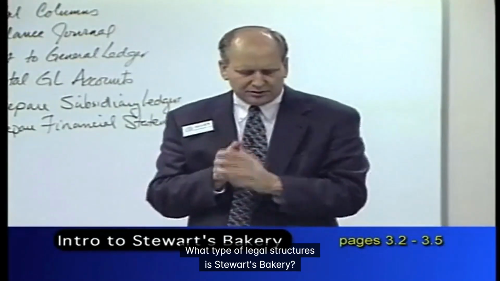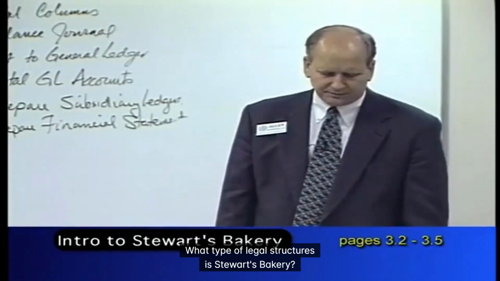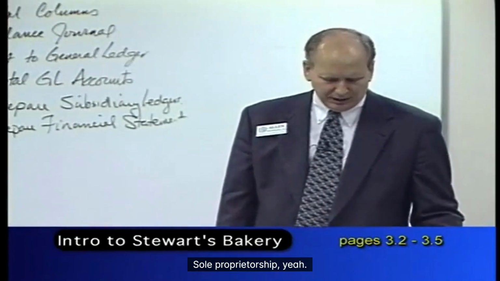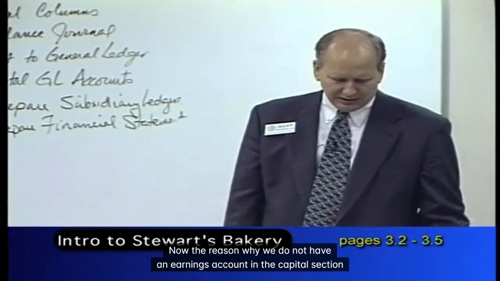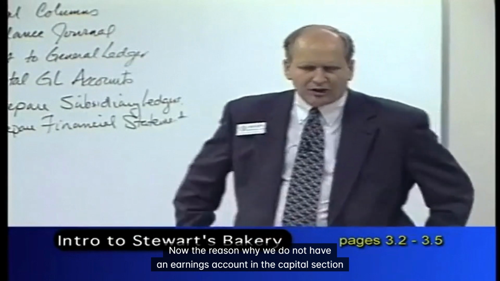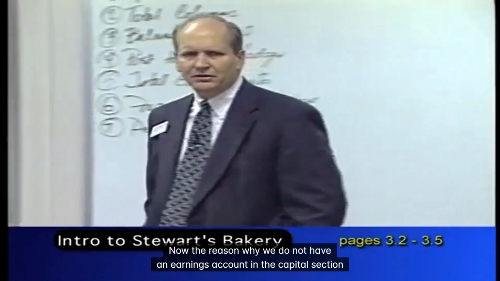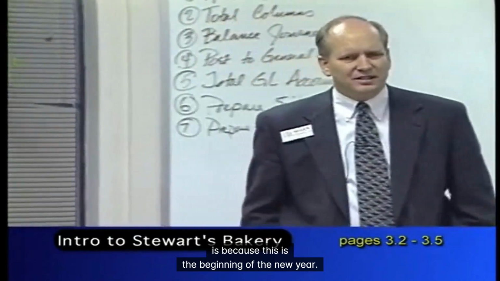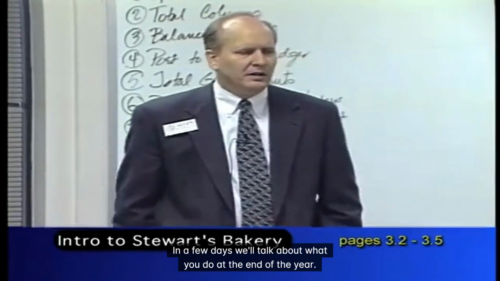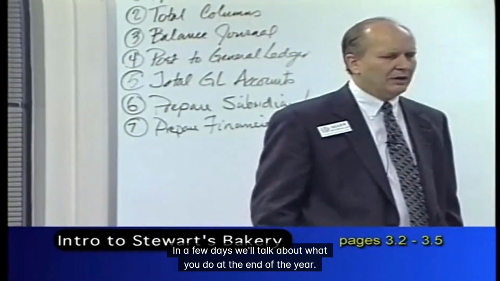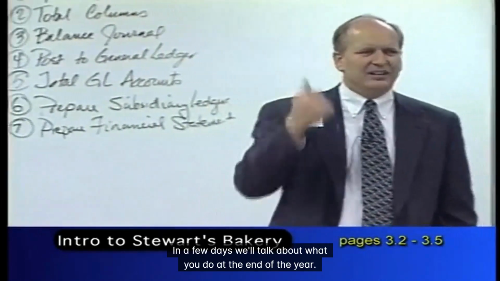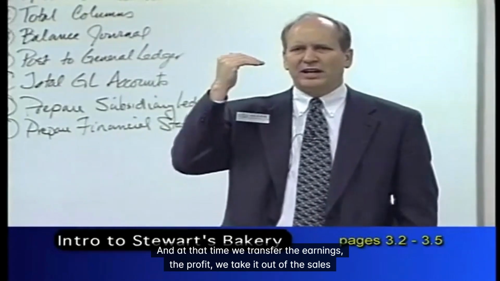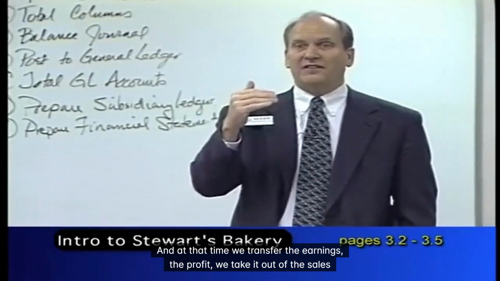What type of legal structure is Stewarts Bakery? Sole proprietorship. Yeah. Now, the reason why we do not have an earnings account in the capital section is because this is the beginning of the new year. In a few days, we'll talk about what you do at the end of the year. And at that time, we transfer the earnings, the profit.